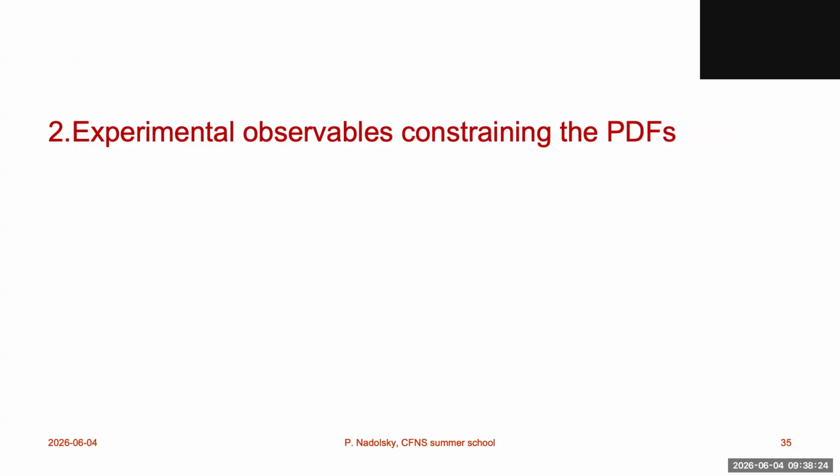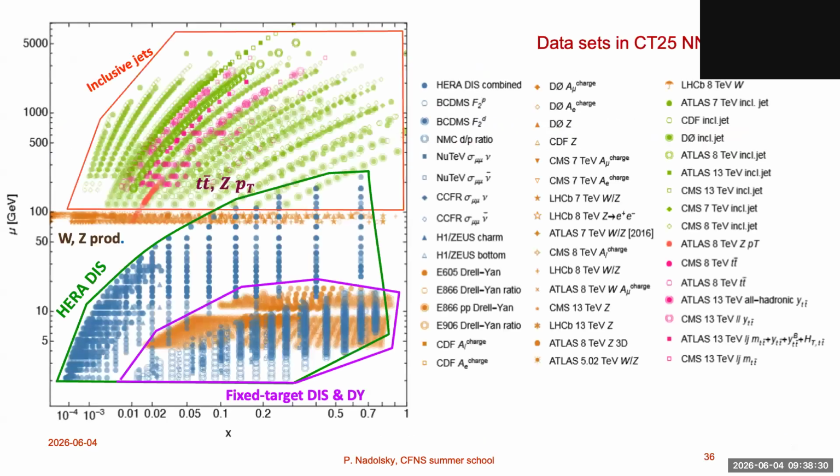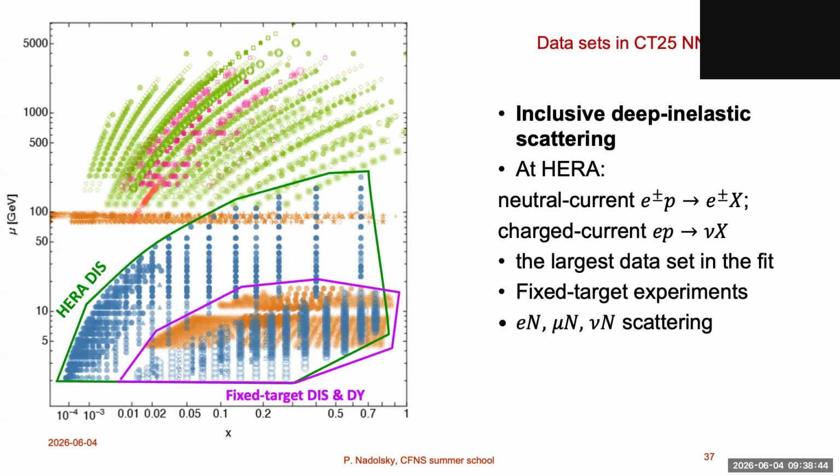Now, in the remaining few minutes, I would like to quite quickly discuss the experimental measurements that constrain the PDFs. If you take the data that goes into, let's say, the CT25 analysis, the data sets fall into several classes that are shown here. Let's quickly go through them. First of all, there is a big class that comes from inclusive deep inelastic scattering, out of which we have two subclasses.